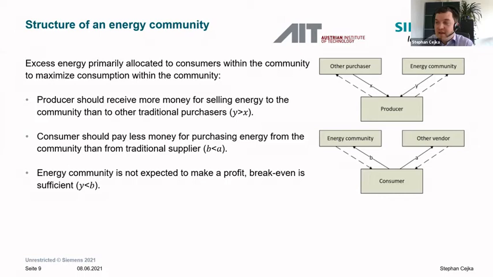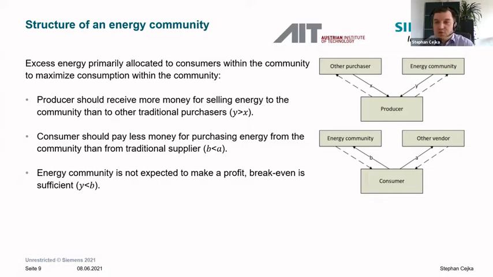So excess energy that is produced by a producer in the energy community is primarily allocated to the consumers in the community itself. And there's, as I said earlier, this financial profit, so that the producer can get a little bit more money from selling his excess energy to the energy community or to the consumers in the energy community.